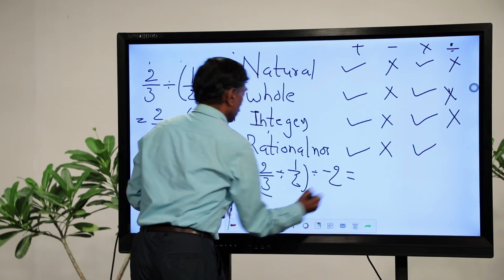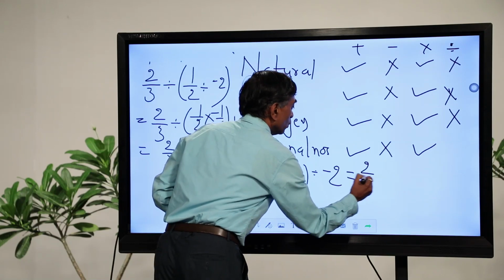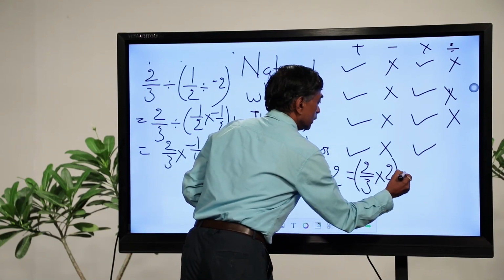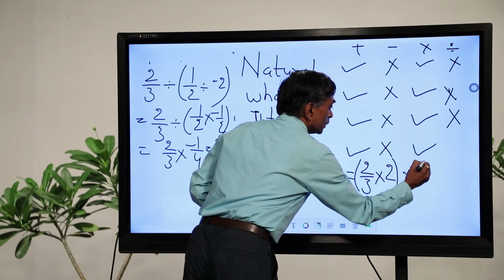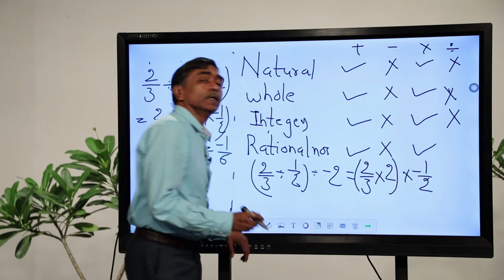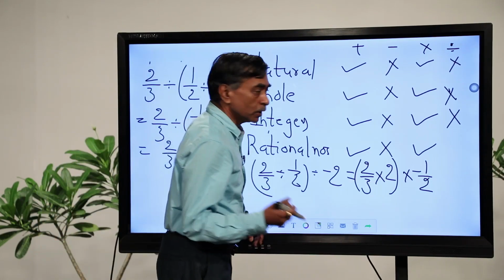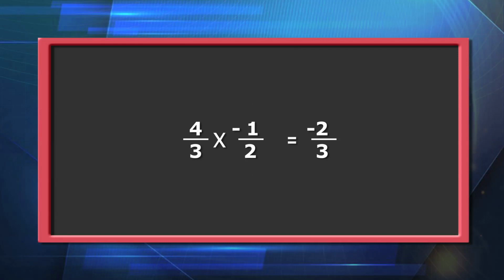What do you get here? 2 by 3 divided by 1 by 2 will mean this is 2 by 3 into 2, and divided by minus 2 means this is into minus 1 by 2. The laws of division of rational numbers and the fractions you are aware of. So, what do you get here? 4 by 3 multiplied by minus 1 by 2. So, here you get minus 2 by 3.